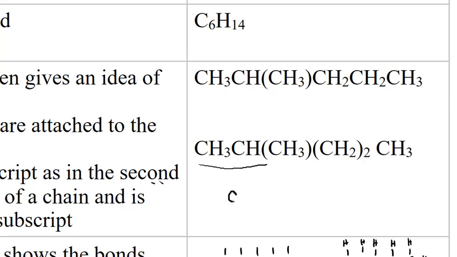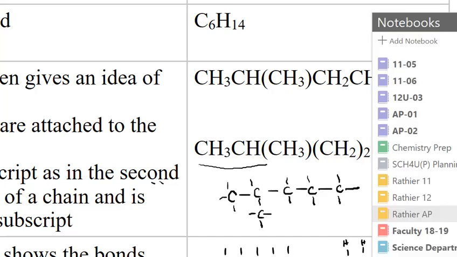So it's saying CH3, and then you have a CH, and then this is in brackets, so it's telling me to make this come off as a CH3, and then I have CH2 2 times, and then I have CH3. Okay, so again, this is just showing you so that you can be a little bit more familiar with some of the different formulas that you might see.